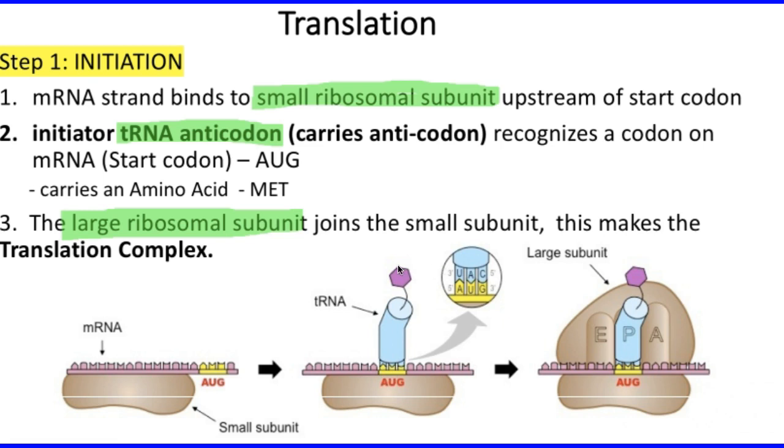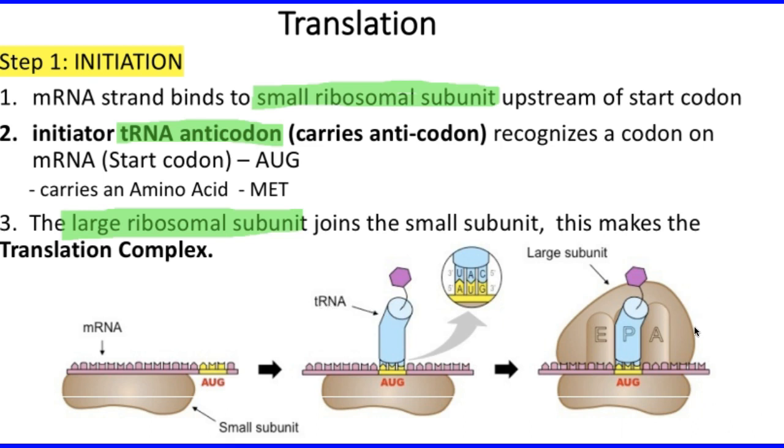And if you look right here at this purple hexagon, that is actually pretending to be an amino acid. Because remember, transfer RNAs carry amino acids individually. Okay, so that's what we're looking at right here. So once again, our codon gets attached to an anticodon, which is carried by transfer RNA.